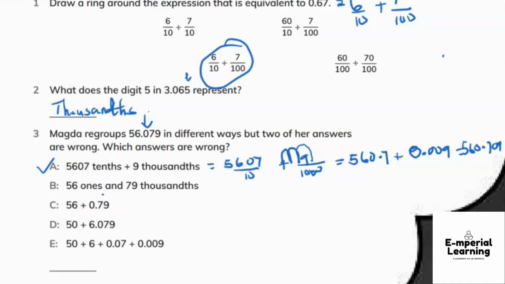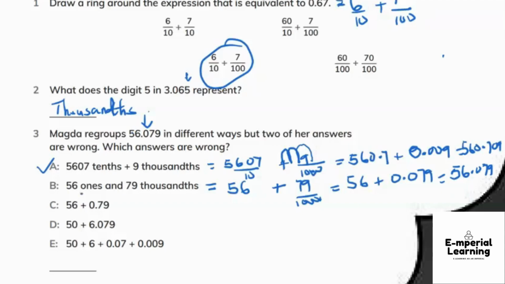Our second wrong answer, let's go to B to find out. We have 56 ones plus 79 thousandths, and that is 56 plus 0.079, and that gives us 56.079. Okay, so this answer is correct in comparison to what we have in the question.